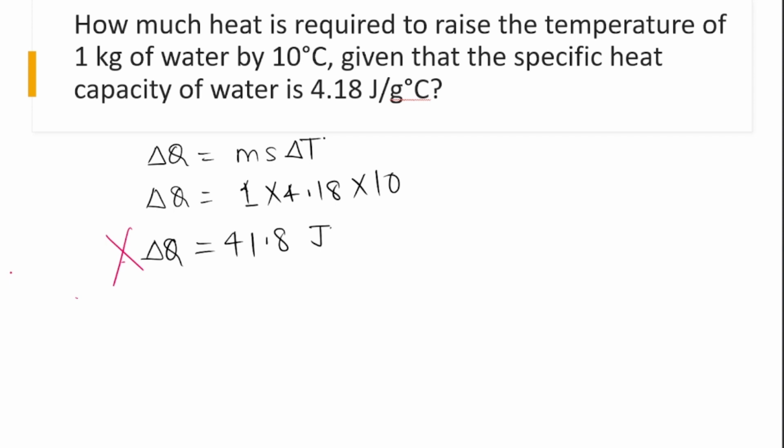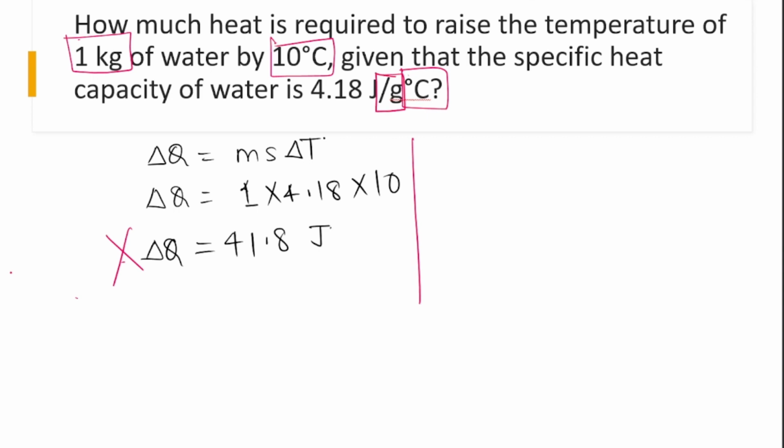So what is the right approach? To solve this question, we need to bring all the units into one form. For example, the temperature is in degree Celsius, and the specific heat capacity also has degree Celsius. Mass is in kg, but the unit of mass involved in specific heat capacity is gram.